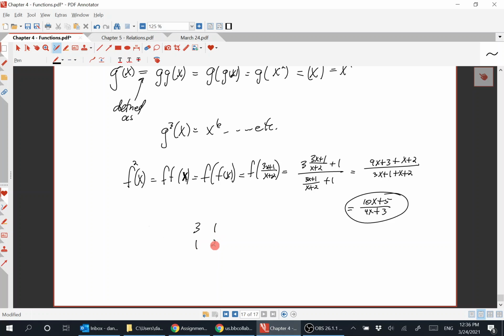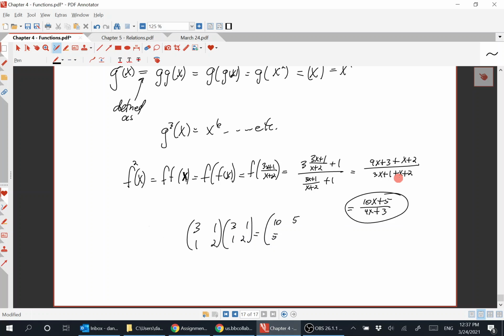So the matrix 3, 1, 1, 2. If you do this matrix multiplication, what do you get? 3 times 3 is 9 plus 1 is 10. And then 3 plus 2 is 5.